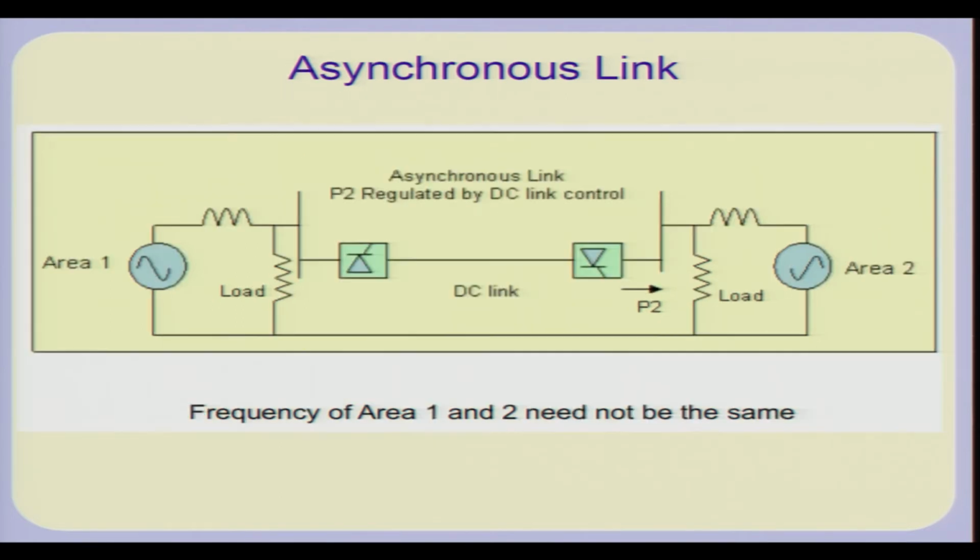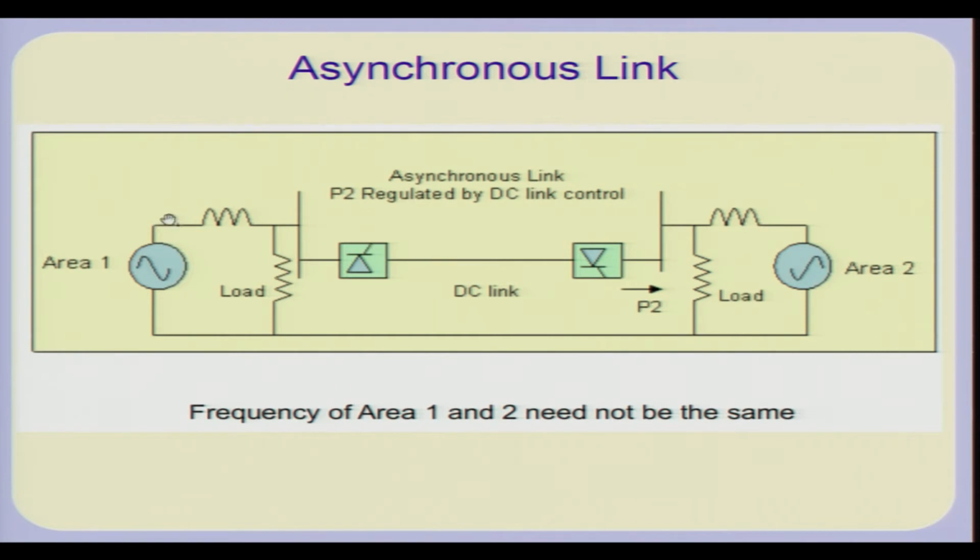But if you have got a system like this, the frequency of the two regions need not be the same. In fact, the frequency of area 1 depends on the load frequency and the governor characteristics in that area as well as the load and generation balance at a given point of time. And load and generation of course has to be balanced in steady state in this area and this area independently.